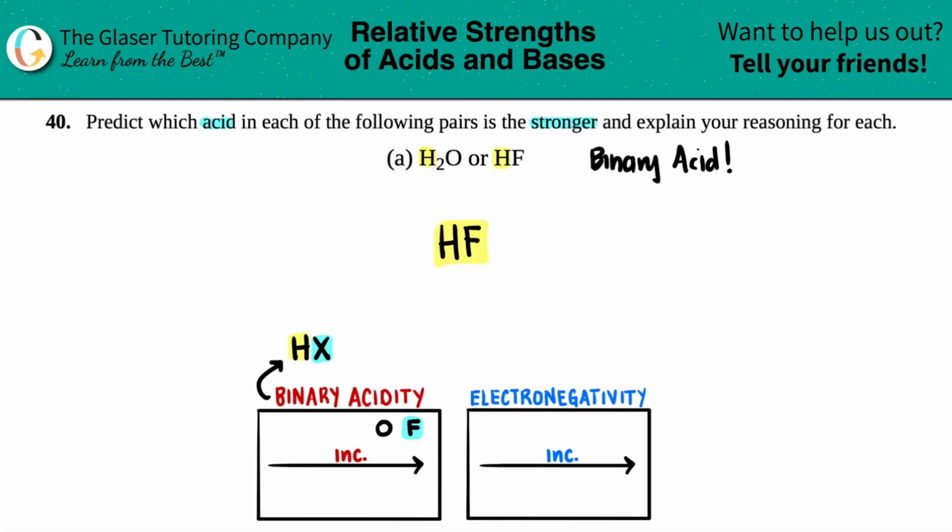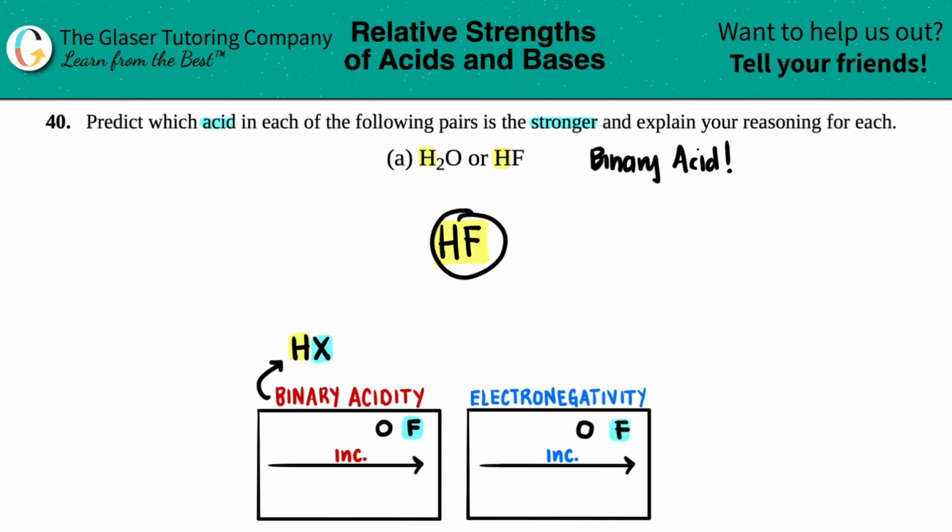Now they just say, explain your reasoning. Well, this reasoning has to come from the electronegativity trend. Now remember, as you increase in electronegativity, it's easier for you to become negative. I mean, it's called electronegativity, right? So with oxygen and fluorine, fluorine is the more electronegative element.